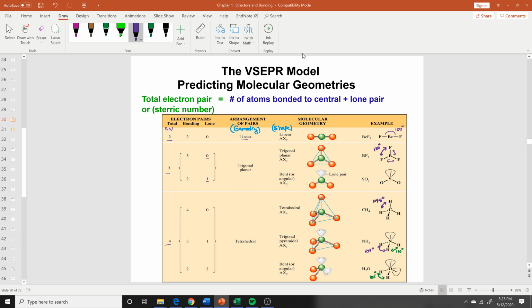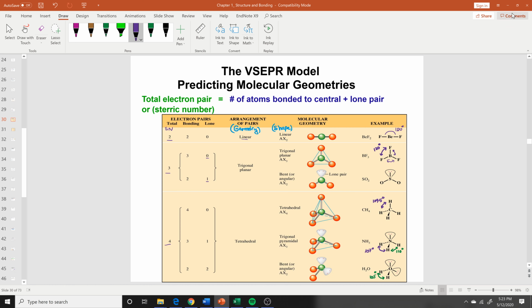Now, the moment you start having a lone pair in there, the bonds are going to be squished. And if the bonds are squished, then the bond angle is going to be less than 120.